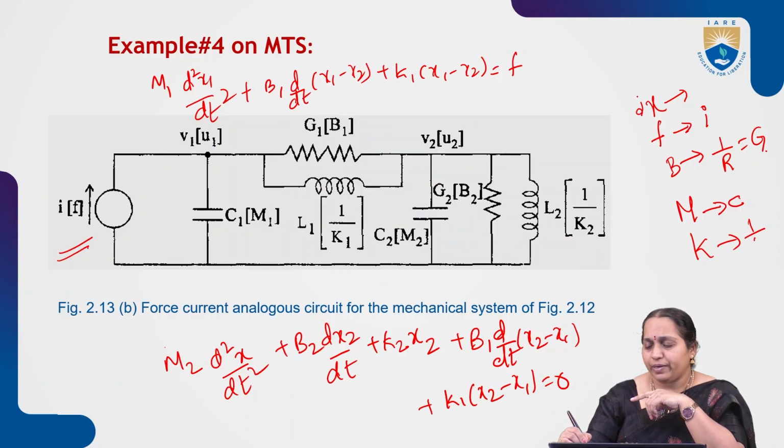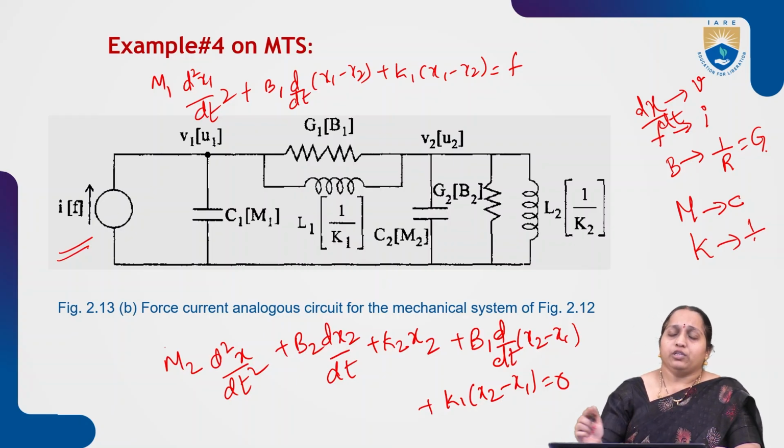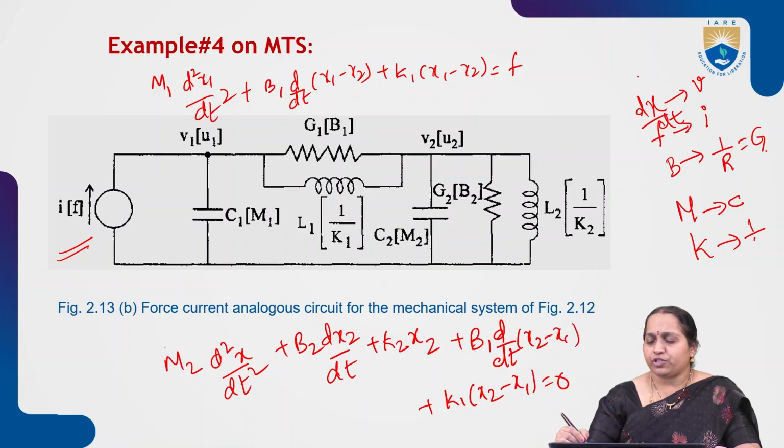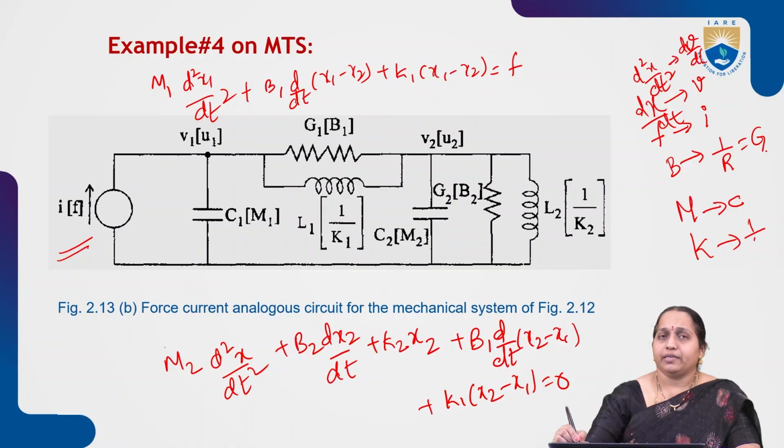Here dx by dt, velocity, will be replaced by voltage. Then d square x by dt square is replaced by dv by dt.